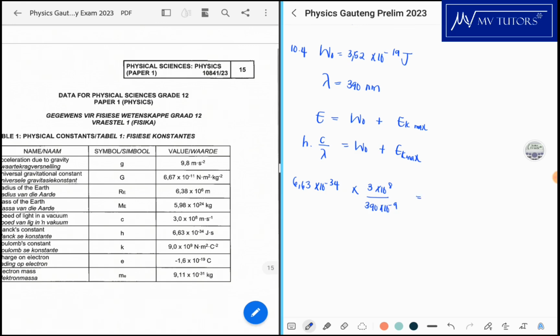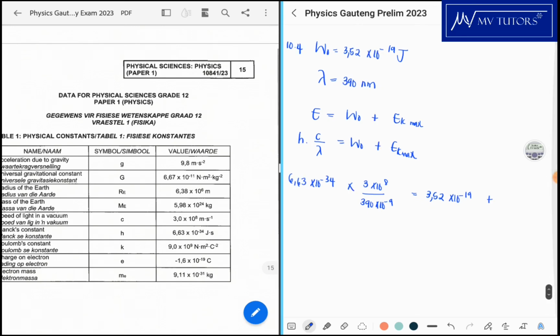Then our work function is 3,52 times 10 to the power negative 19. Then we have the maximum kinetic energy, which is half mv squared. We can substitute the mass of the electron, which is 9,11 times 10 to the power negative 31. So v is our unknown.